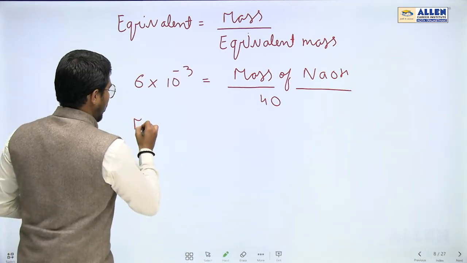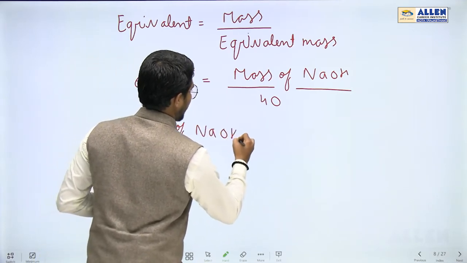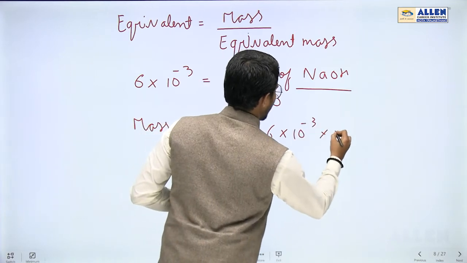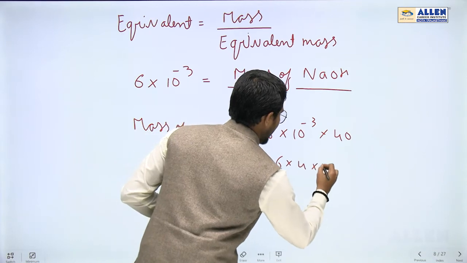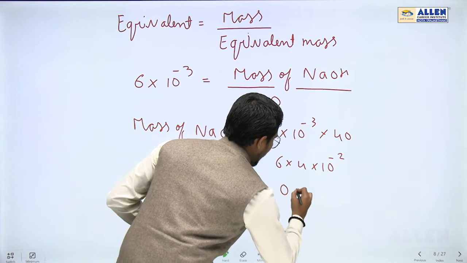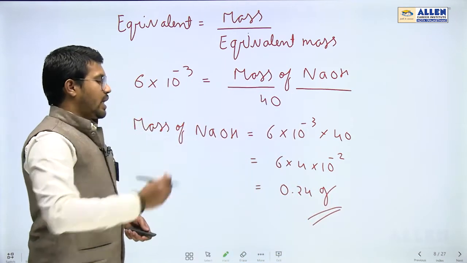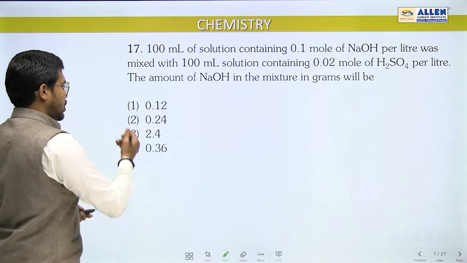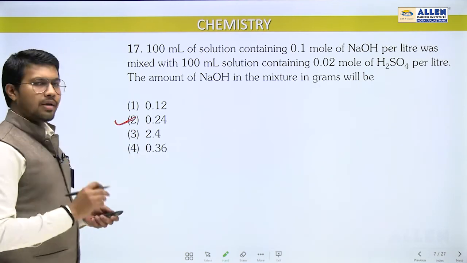So mass of NaOH equals 6 into 10 to the power minus 3 into 40, that is 6 into 4 into 10 to the power minus 2, that is 0.24 gram. Okay, so this is our answer. So from options 1, 2, 3, 4, we will say 2 is our correct answer.